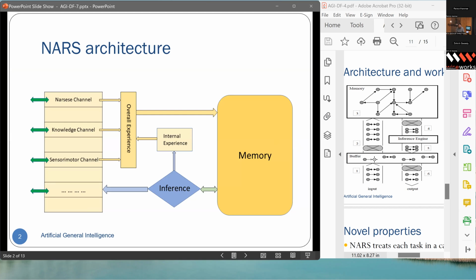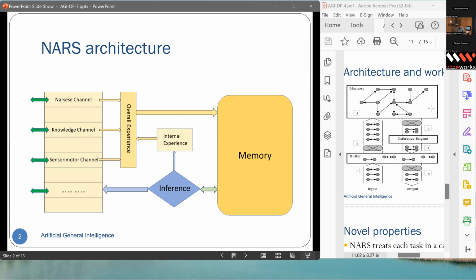You get input, put it into a buffer, which will be selectively put into the memory. And we select something from memory, feed it into the inference engine, and get a result, which goes back into a buffer, then it becomes some kind of cycle, and some result is selectively reported to the user. So you'll see the big picture remains the same.